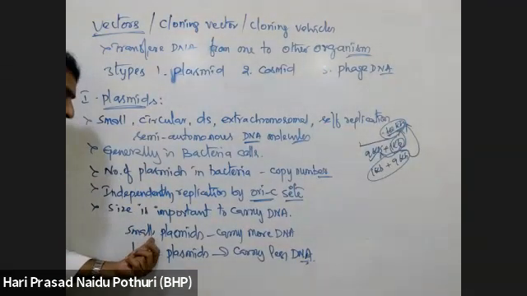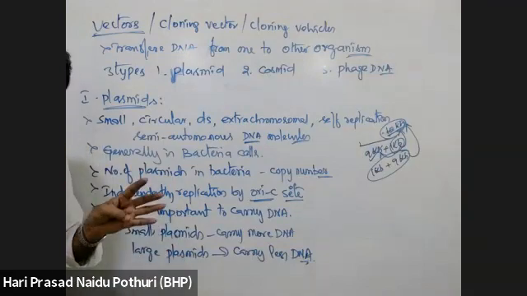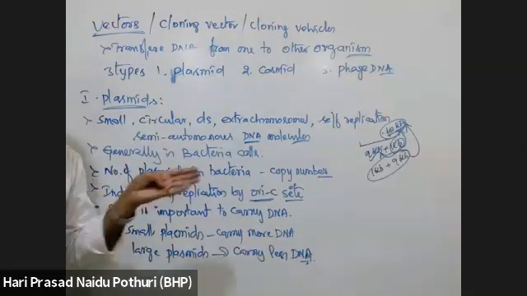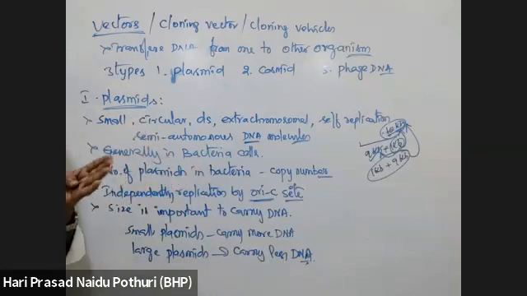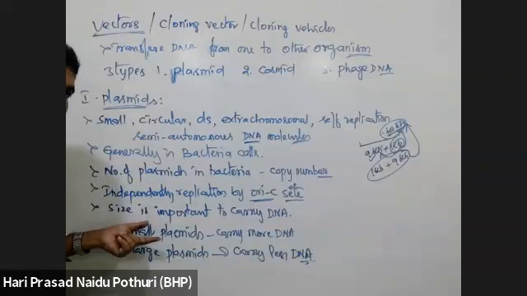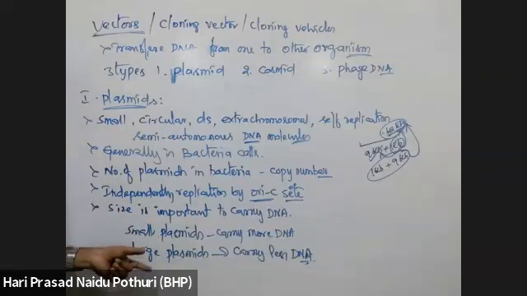If the vector is very large, addition of more DNA will increase the rDNA size greatly. If rDNA size is very large, then transfer of rDNA into the host is not possible well. So if the vector or plasmid size is small, that is a very efficient plasmid.